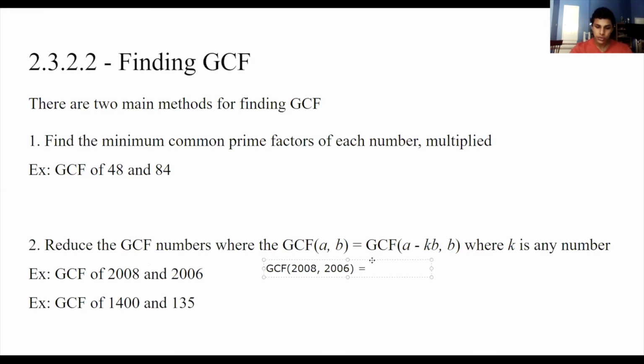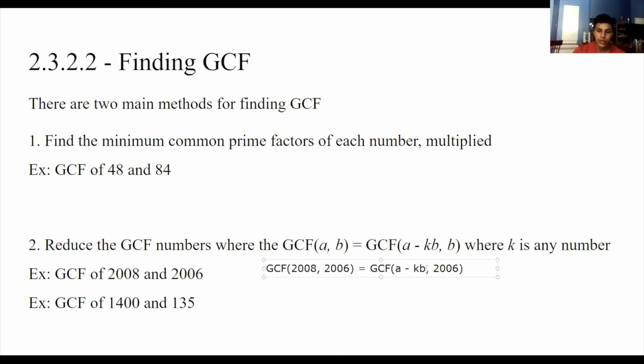That will be equal to the greatest common factor of A minus KB and B, where K is any number. So we'll just write it as A minus KB and B. And we know B is 2006, so I can leave 2006 in there.